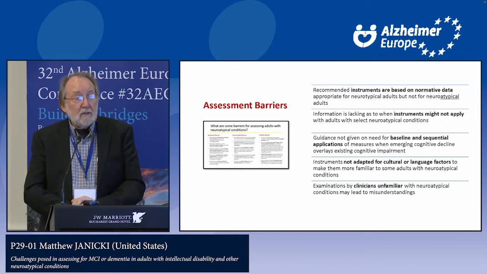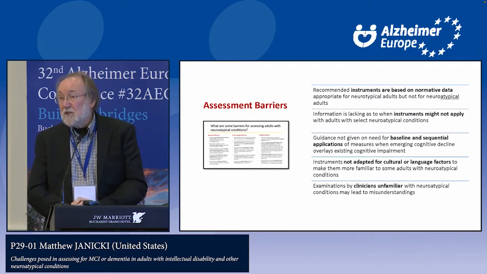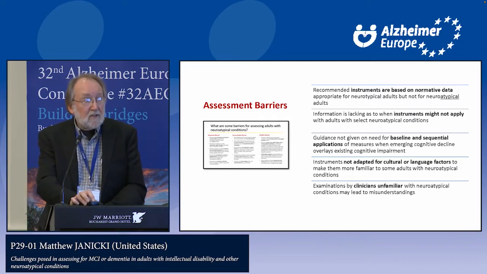Guidance is not given on the need for baseline and sequential applications of the measures when emerging cognitive decline overlays existing cognitive impairment. Instruments are not adapted for cultural or language factors to make them more familiar to adults with neuroatypical conditions who may be culturally different or language use different. And examinations by clinicians generally unfamiliar with neuroatypical conditions may lead to misunderstandings in what they are assessing.